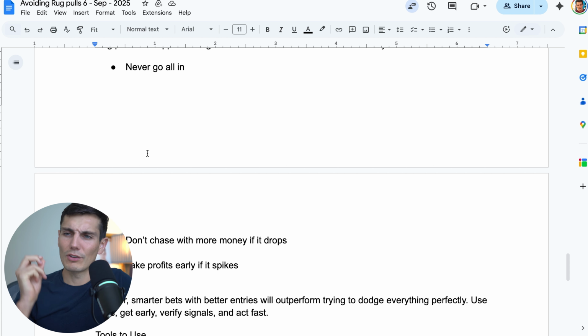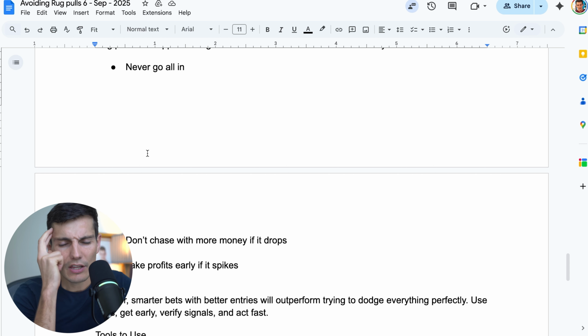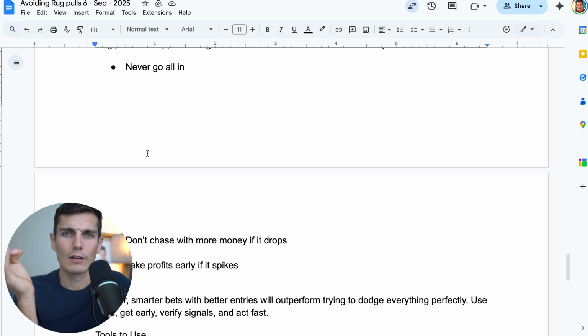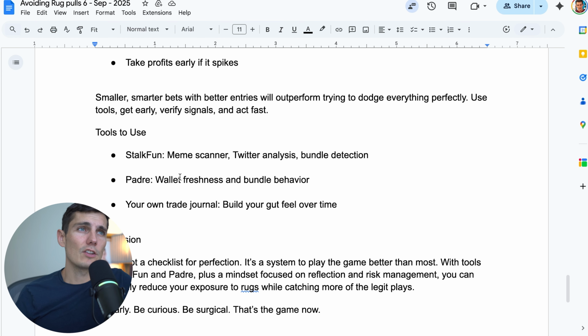Don't care about round numbers, because that's just in our head. There's no logic. We love round numbers, but nature doesn't care about round numbers. So smaller bets with better entries will outperform trying to dodge everything perfectly. If you manage to go in before the 40K market cap, that's always better.